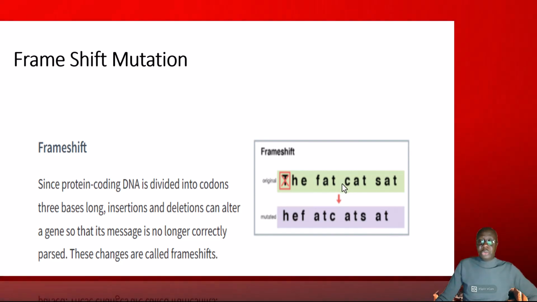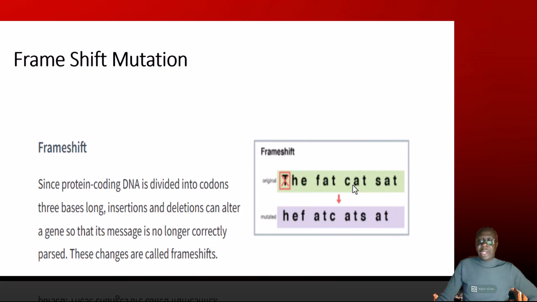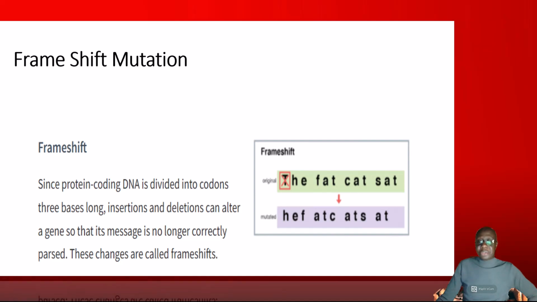So the AT will take the C, and then it will be AT and C. And then it will leave an AT there. It will take the S, and you have AT and S. And then the last two, AT, don't have a third partner. So therefore, this codon is missing one DNA molecule. So it will be wrong. It will be creating a wrong protein.